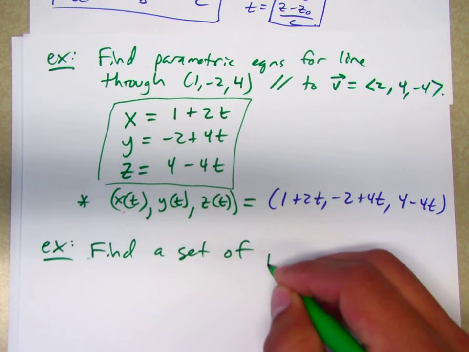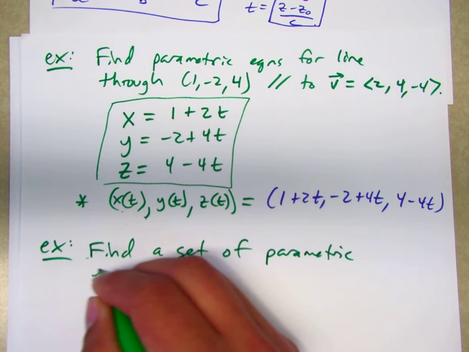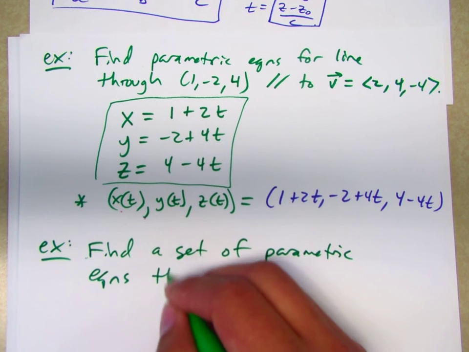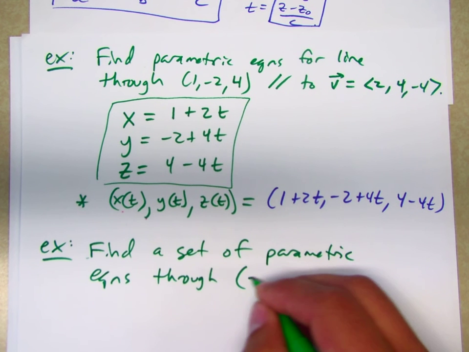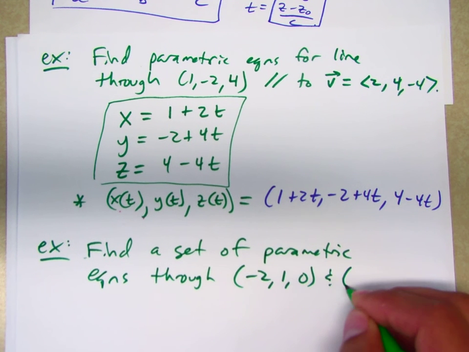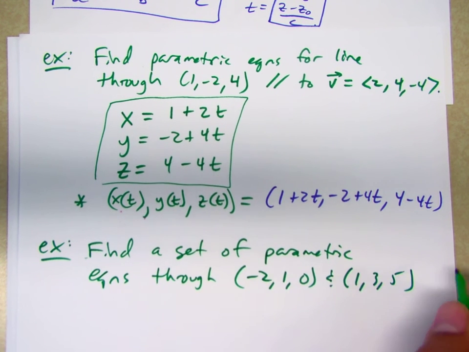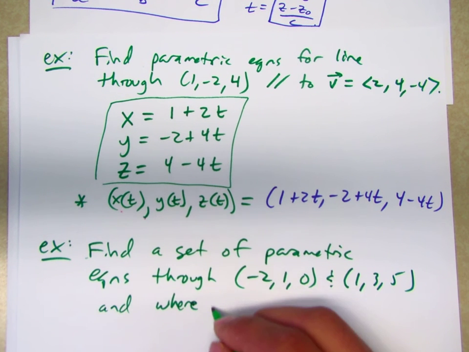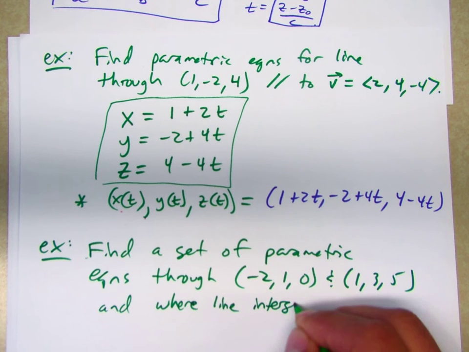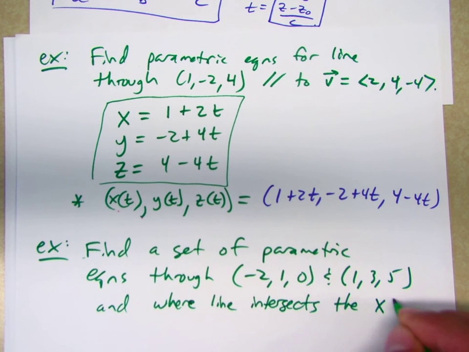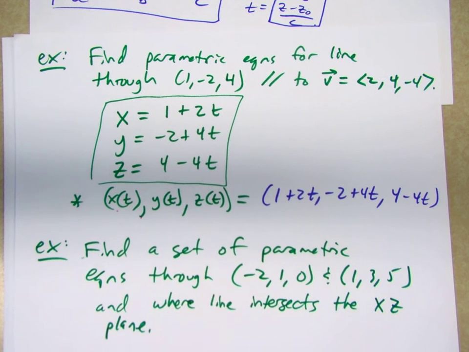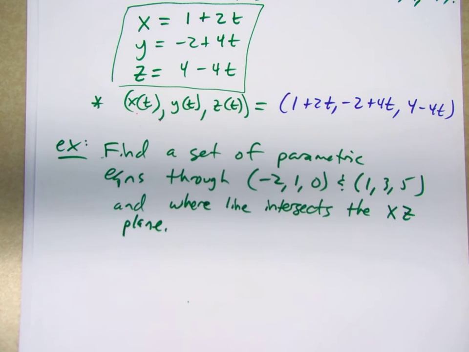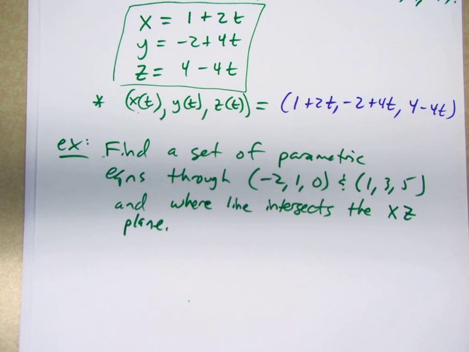Find a set of parametric equations through the points (-2, 1, 0) and (1, 3, 5), and where the line intersects the xz plane. I'll give you a couple minutes to think about it and start it, and then I'll go through it.